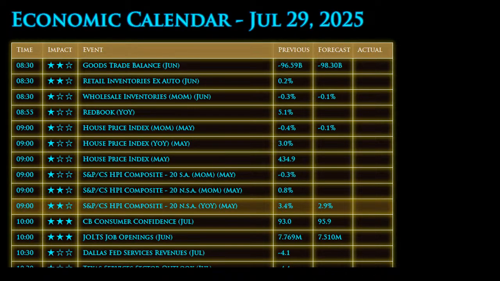A higher reading indicates stronger home price appreciation, which can point to consumer confidence and economic stability, while a lower reading may signify a potential cooling in the housing sector, impacting consumer spending and investment. This report is closely monitored for signals on inflation and economic strength, especially when the actual figures deviate from forecasts.